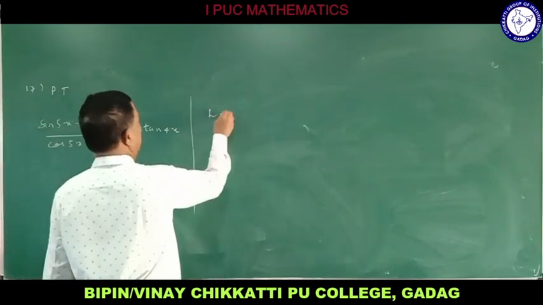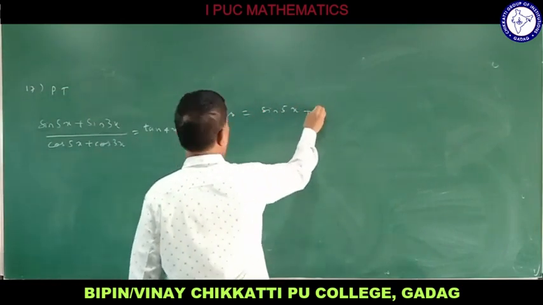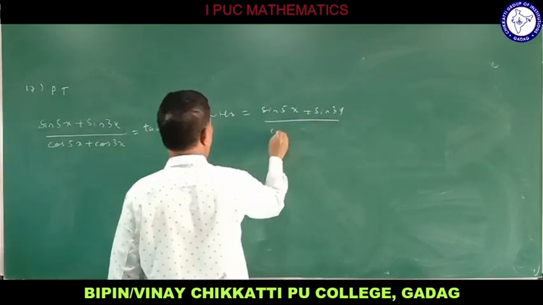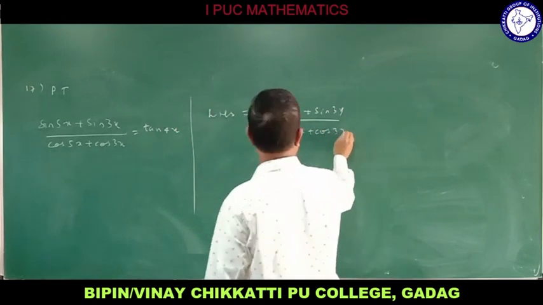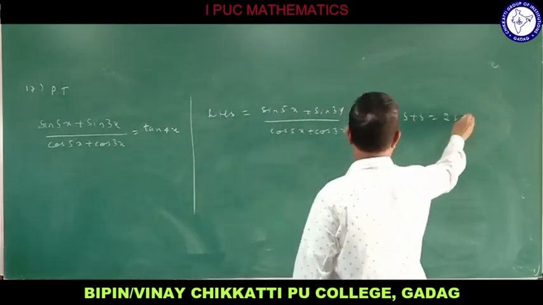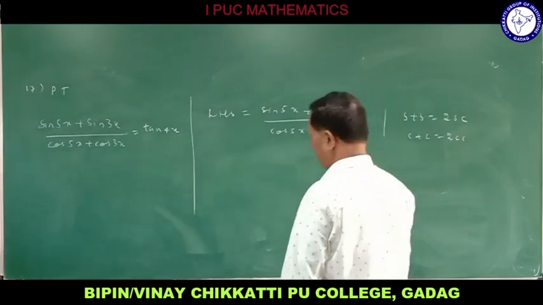Look, this LHS is (sin 5x + sin 3x) divided by (cos 5x + cos 3x). S plus S is equal to 2SC, and C plus C is equal to 2CC. This is a formula.